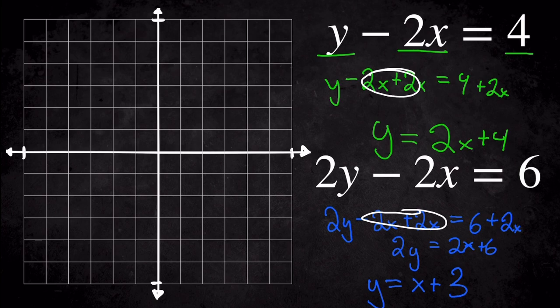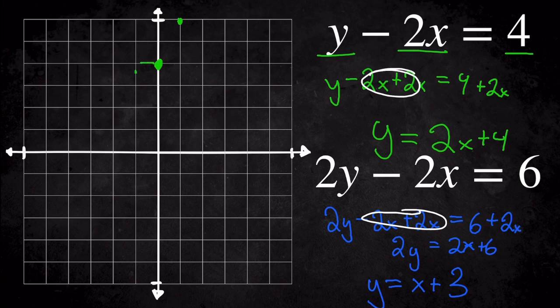Now we can graph both equations. Let's do the top one first. The y-intercept is 4, and that is right here. And then we rise 2, run 1, that'd be here.